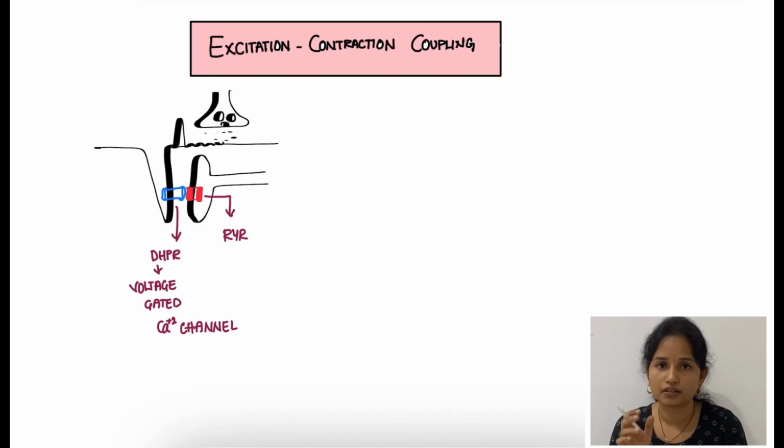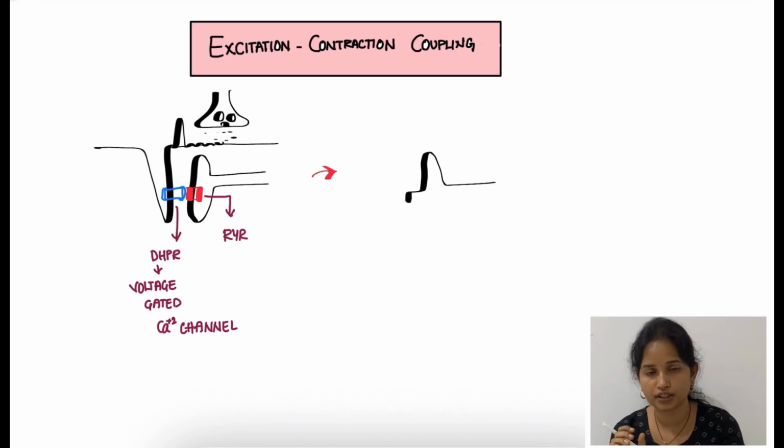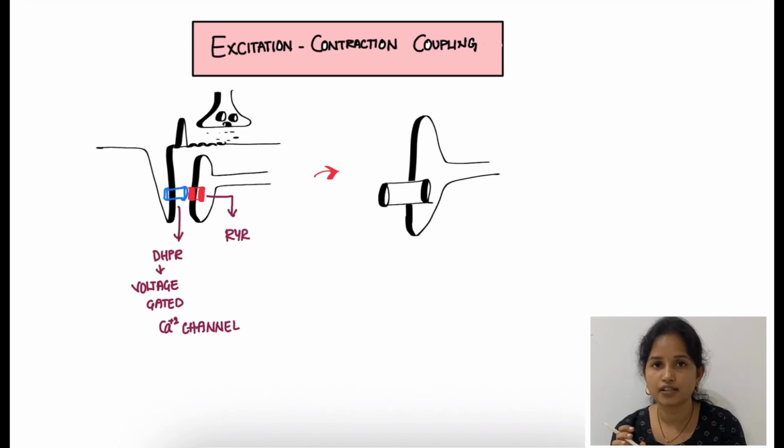Now the sarcoplasmic reticulum is rich in calcium. Intracellular calcium levels are always maintained low in the muscle fiber because of the sarcoplasmic reticulum, because it has calcium binding proteins, which keep the calcium concentration in check. The sarcoplasmic reticulum has high amounts of calcium compared to the sarcoplasm.